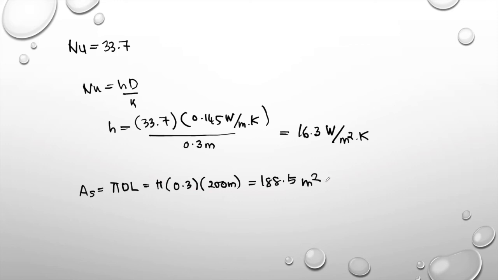Okay, that is your surface area. Now we move to delta T log mean. To find delta T log mean, we have to find what is the T exit.